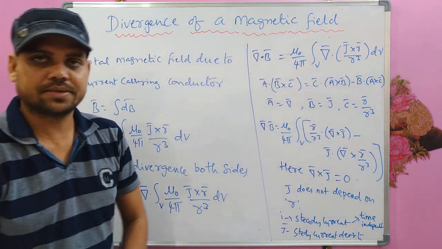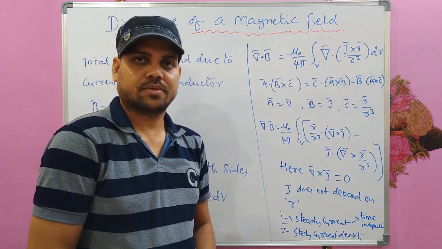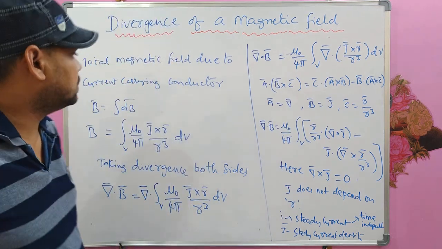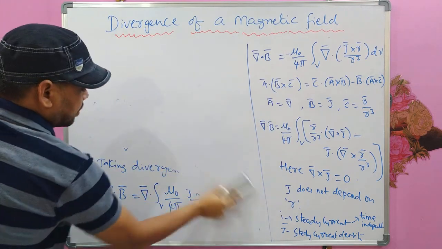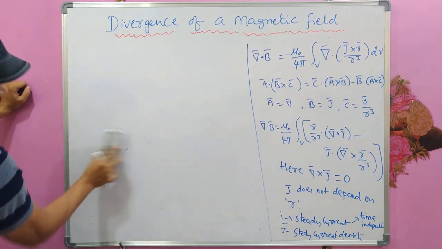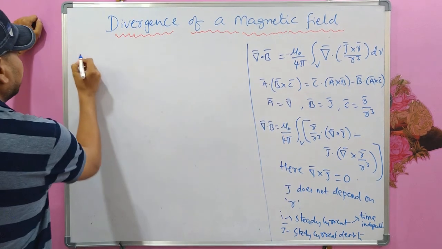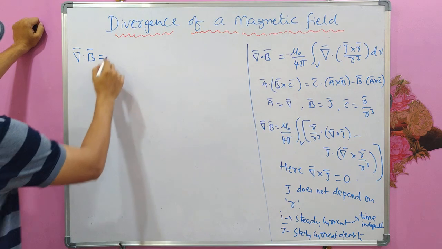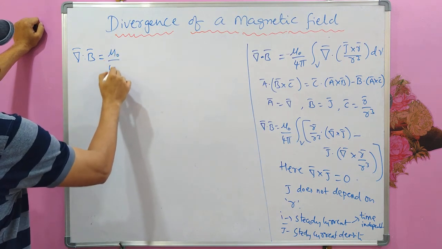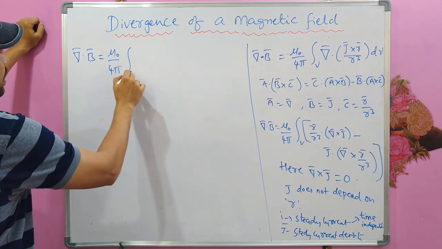It's a constant. So del cross J will be 0. What do you get? It will be del dot B is equal to mu naught by 4 pi integral V.